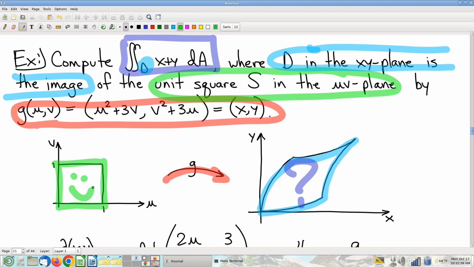It's everyone's favorite domain for a double integral. So, big picture strategy: we're going to take the integral that we've been asked about, pull back, and instead compute a different integral over here. Is everybody happy with the context, the big picture? We got some details to work out now.